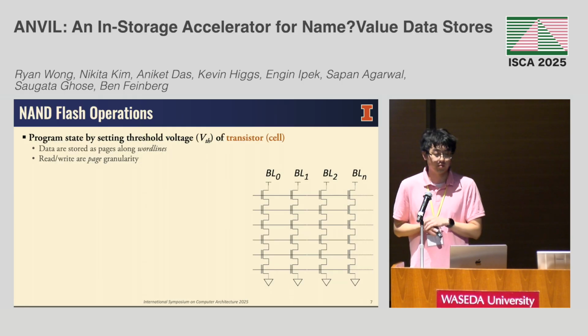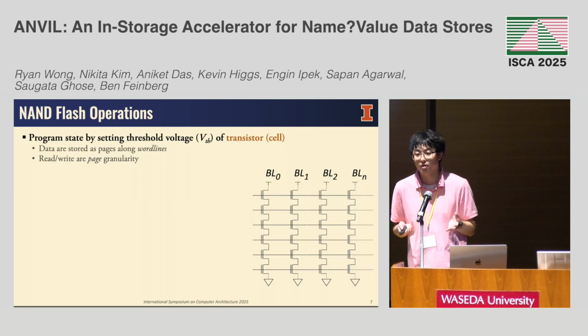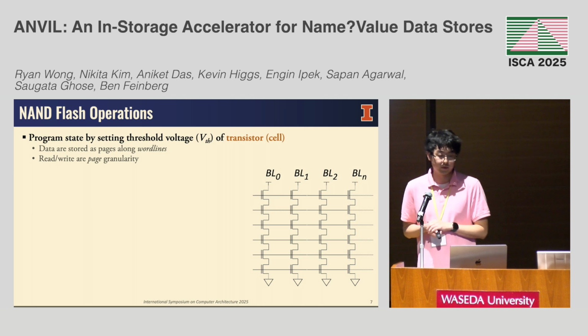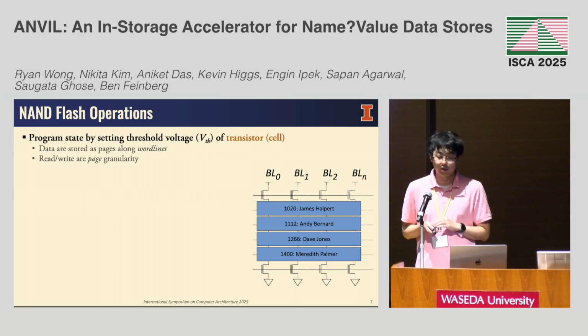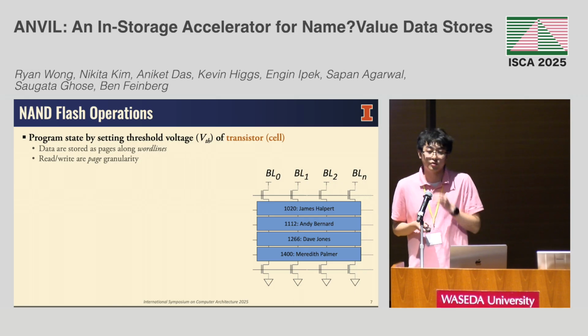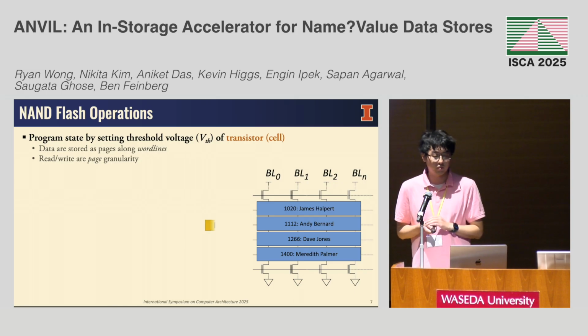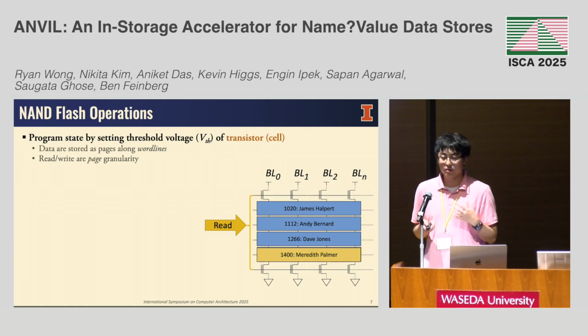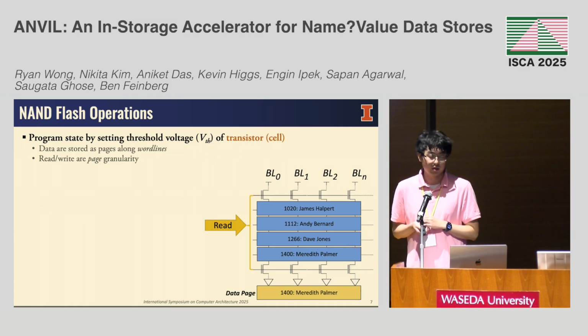Within the NAND flash block, we can program the state of the device by tuning the threshold voltage, and we store data along the word lines, as we can see here. To read and write, we access one of these word lines and are able to retrieve the data page that we're interested in.